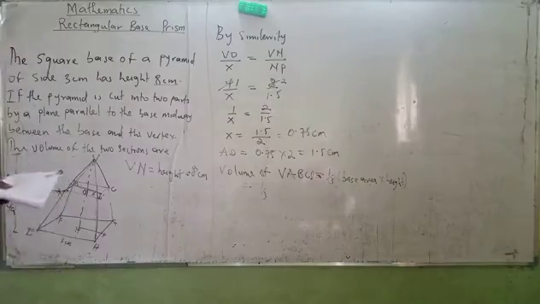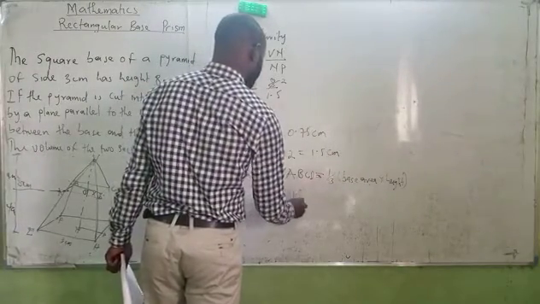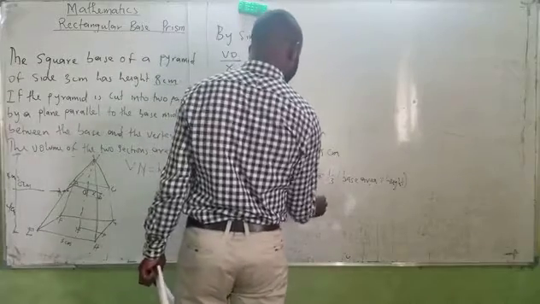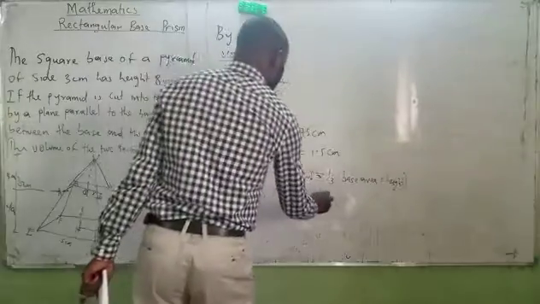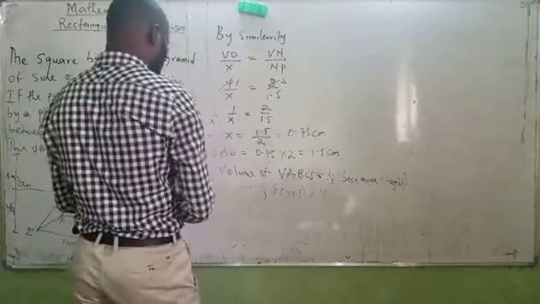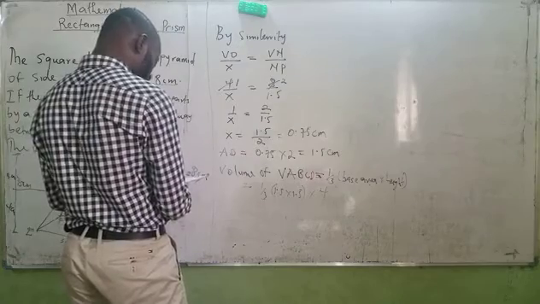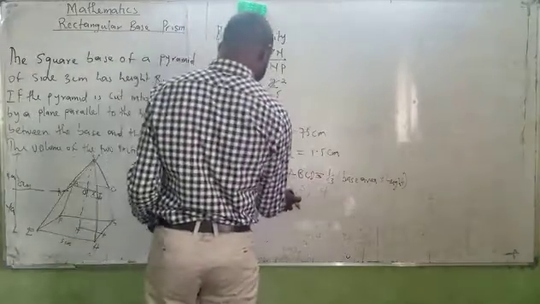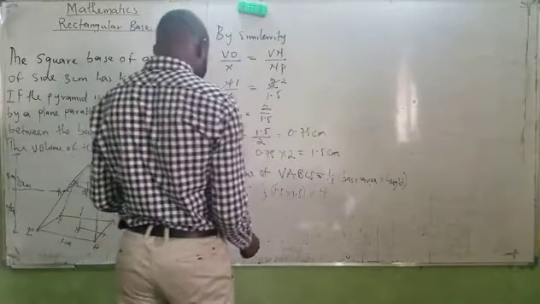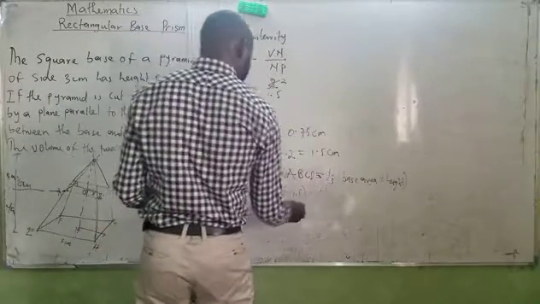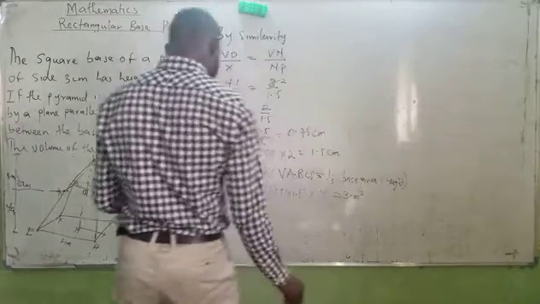My base area will be 1.5 multiplied by 1.5, multiplied by the height. My height will be 4. If I move it up, it will be 3 centimeter cube.